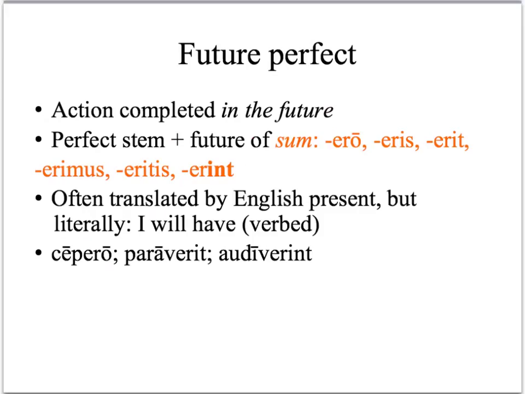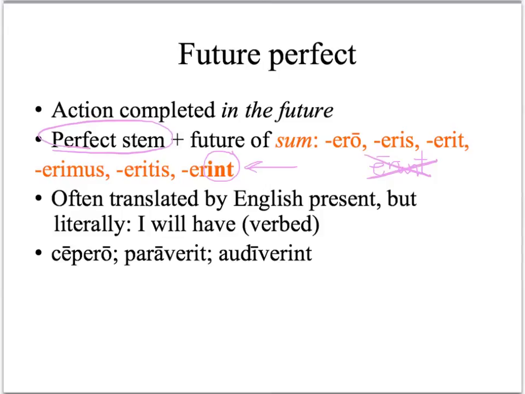Future perfect means time completed in the future. Take the perfect stem one more time, third principal part, drop the i. This time add the future of sum, but be careful of the third person plural. The future of sum is ero, eris, erit, erimus, eritis, erunt. But we just saw that ending, remember I said with a long mark over it, that is a perfect ending. So the Romans really like to keep things as clear as possible, as unambiguous as possible.